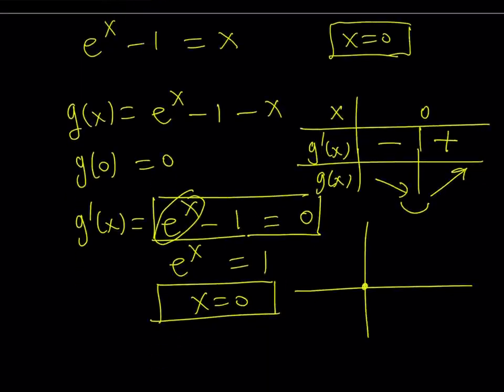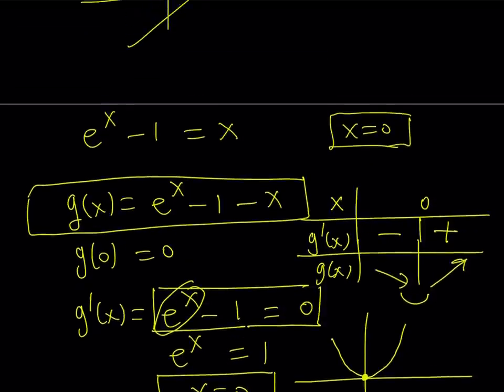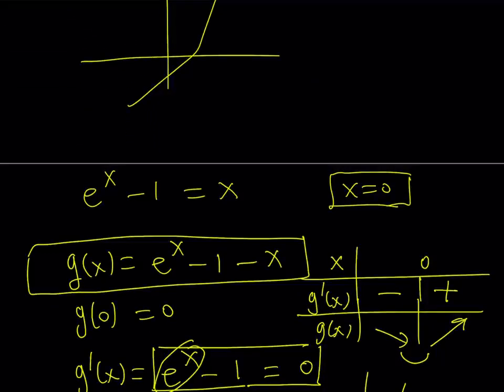So our function is going to touch the origin at 0, 0, and then otherwise it's just going to be increasing and decreasing, which pretty much means that it is only going to have one x-intercept, which means this equation has only one solution, and that is 0, which again verifies that our original problem has one solution at x equals 0.